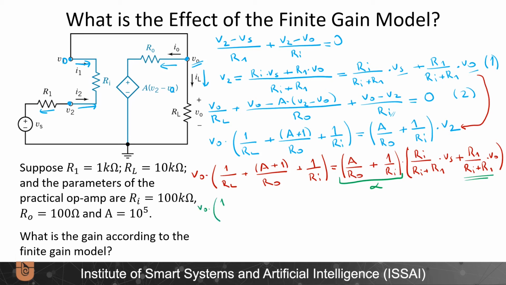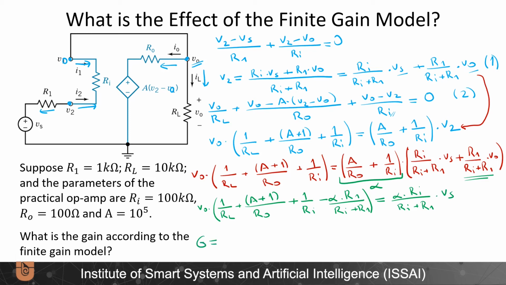V0 times 1 over RL plus A plus 1 divided by R0 plus 1 over Ri minus alpha times R1 divided by Ri plus R1 will be equal to alpha times Ri divided by Ri plus R1 times Vs. Now, can I find gain?